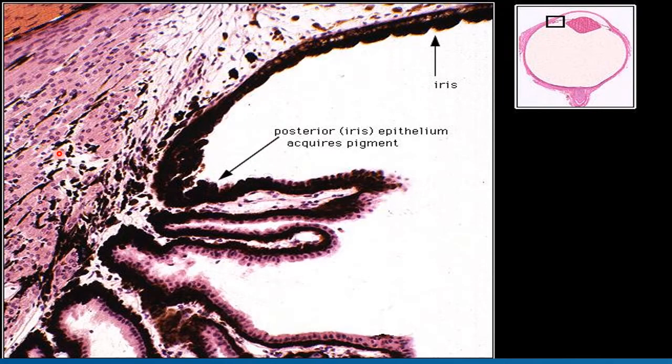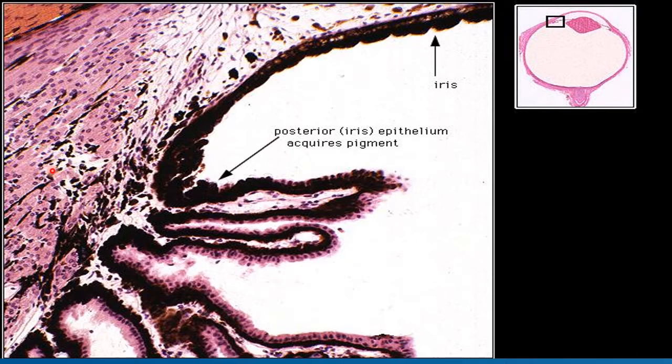The ciliary stroma present here is the vascular layer, which contains loose connective tissue with loosely arranged collagen fibers and a network of fenestrated capillaries.